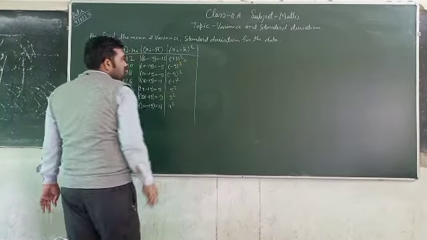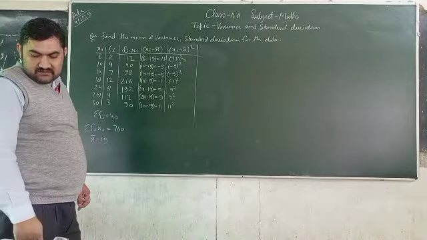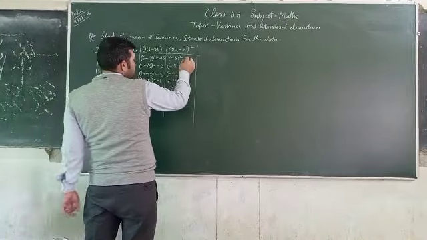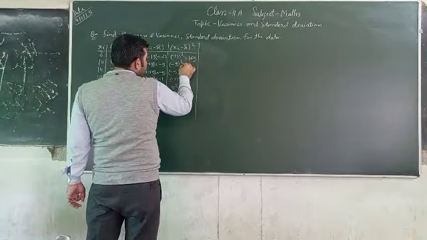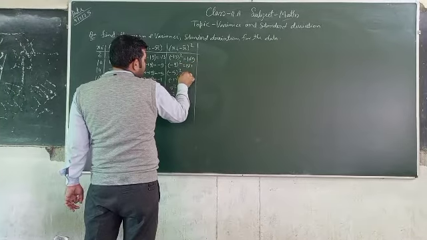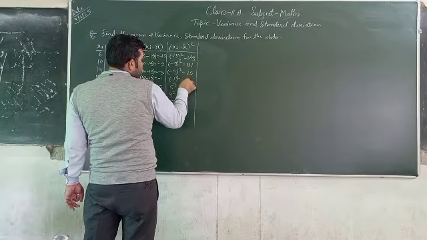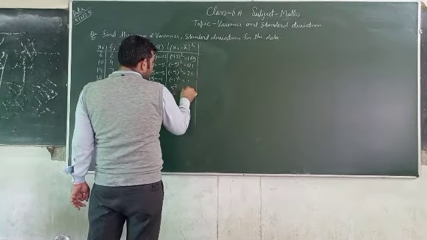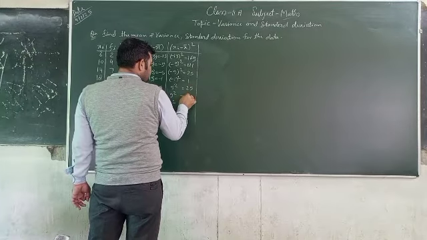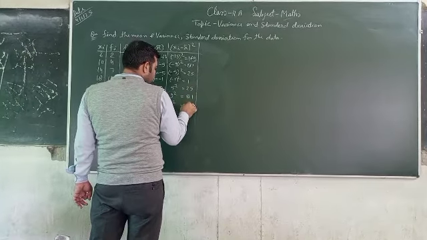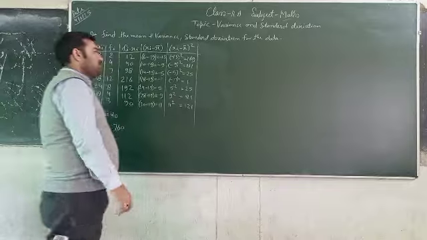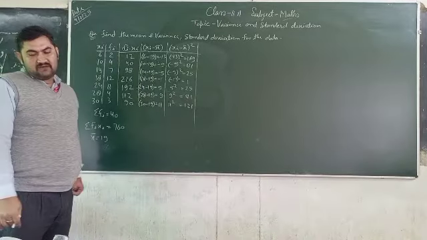All their entries are given, and the square of this is 169, and this is 81, and this is 25, and this one is 1, and this is 25, and this is 81, and that is 121.